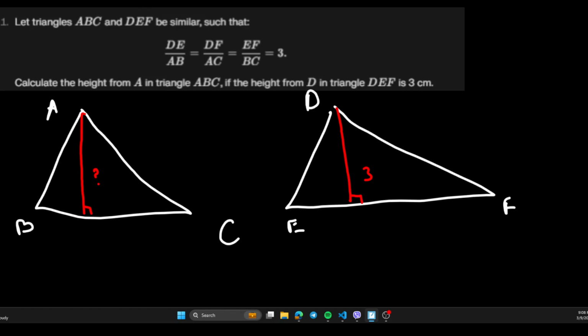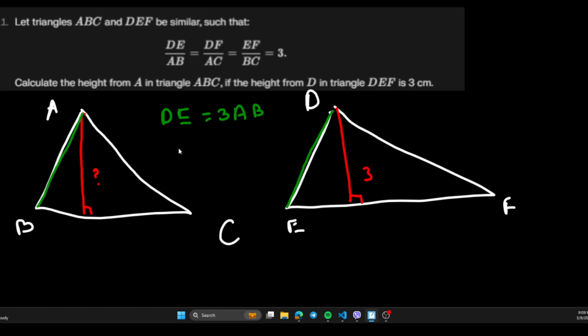Look, you know that DE over AB equals 3. What does that mean? That DE is 3 times bigger than AB. So DE is 3 times AB, right?